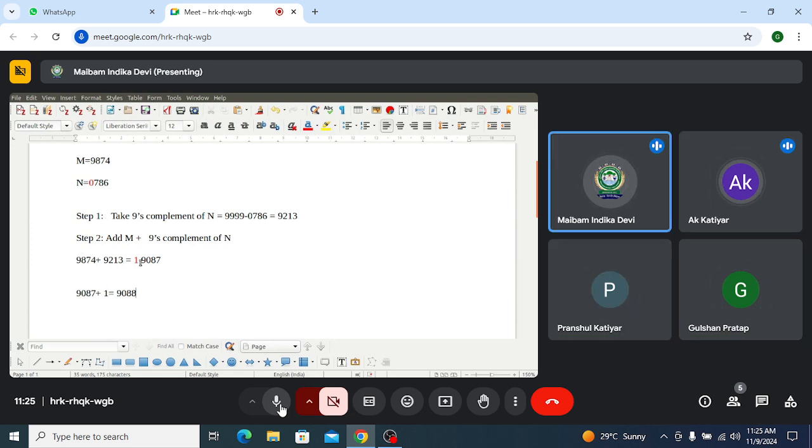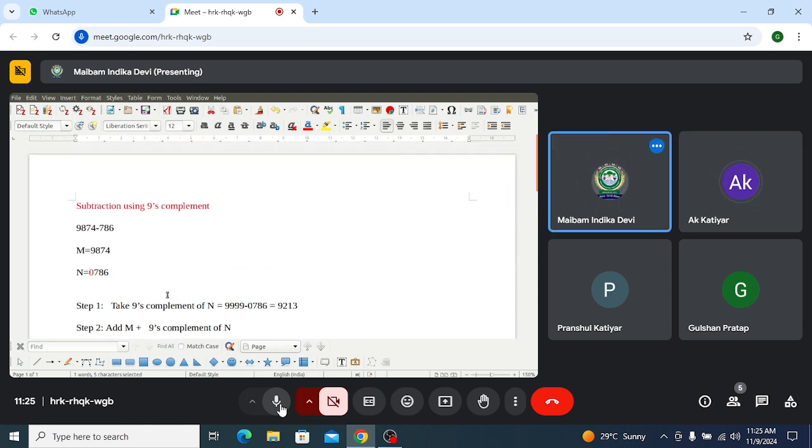This is the result up to step 3, to check for end carry. So this is the result you get. If you perform by the pen and paper method also, you get 9874 minus 786, and you will get this answer. Clear? Okay, ma'am.